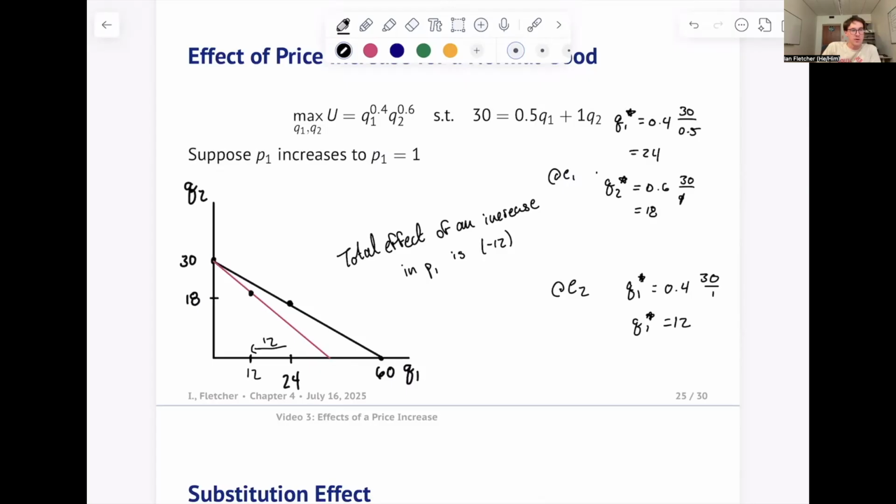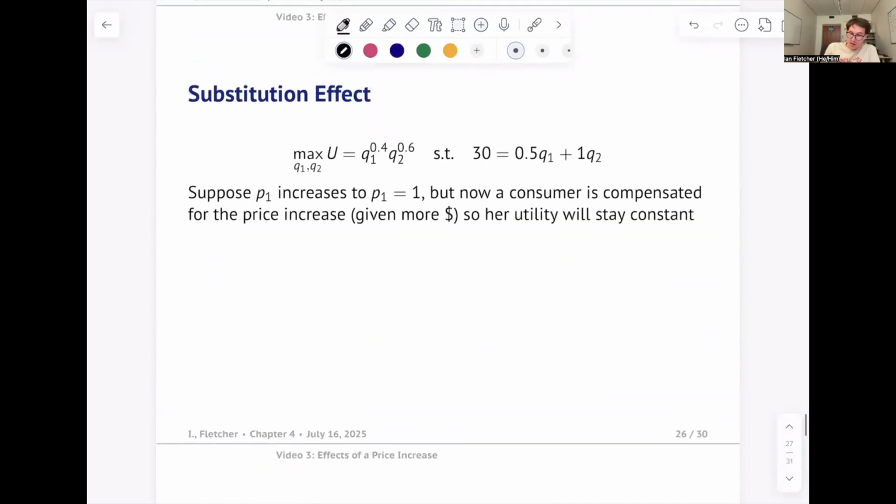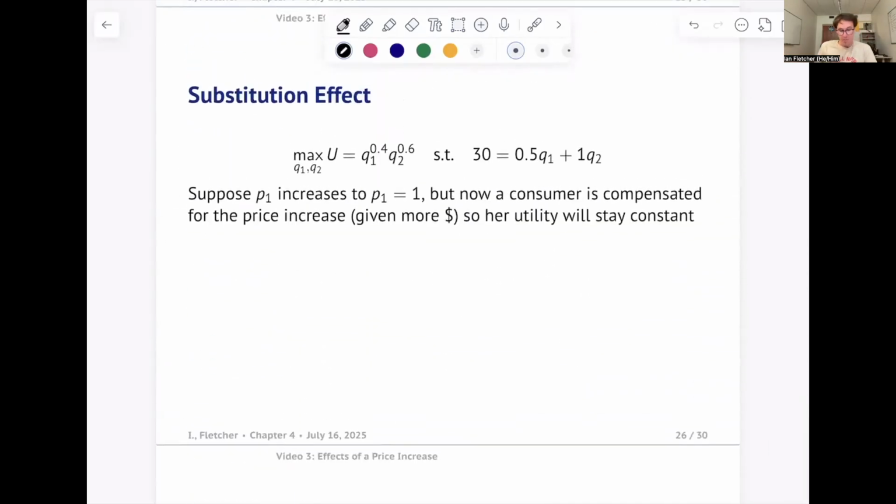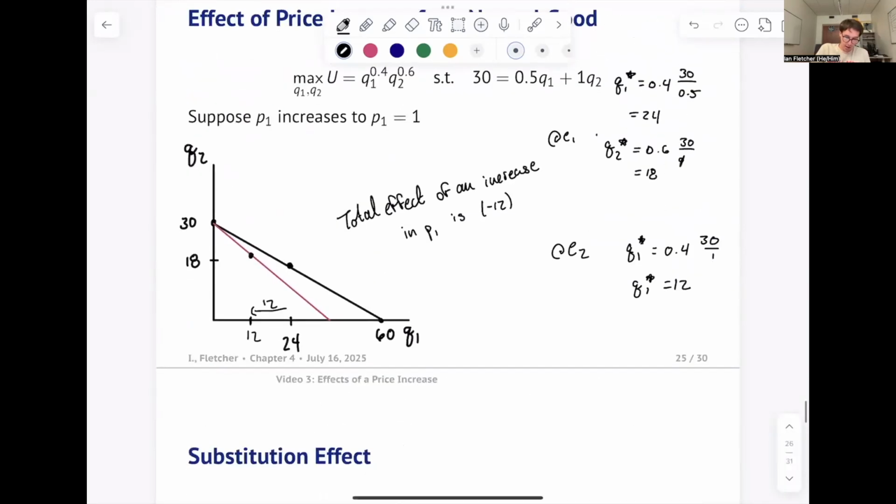Okay? So now we should be able to deconstruct both of these into substitution effects and income effects. So again, suppose we have the exact same thing, but now our consumer is compensated for the price increase. So we're going to get a little bit of extra so that we can maintain a constant utility, right? So if we come back here, we had two indifference curves that we were dealing with, right?